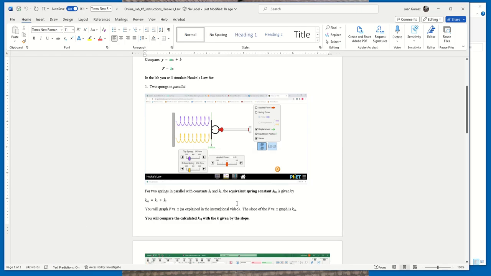The equivalent spring constant, I call KEQ, is simply K1 plus K2. So when we get our data and graph F versus X, the slope of the graph should equal what we get when we just analytically add the two spring constants. And the simulation allows you to choose K1 and K2.